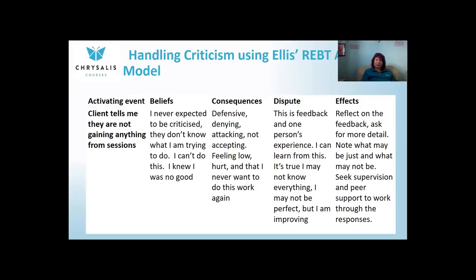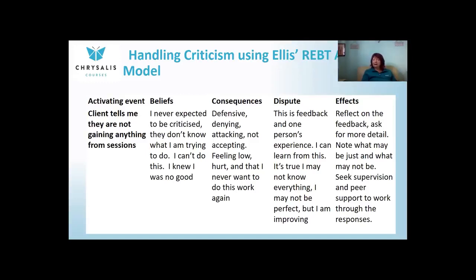So using these REBT tools can be really helpful. It helps us when we're looking at this situation, dealing with criticism, but it also can be really useful for all sorts of different areas in our life. So it's good to think about your own unhelpful beliefs and negative thoughts. And you can look at where you learnt them from, where they came from, but they're past beliefs.